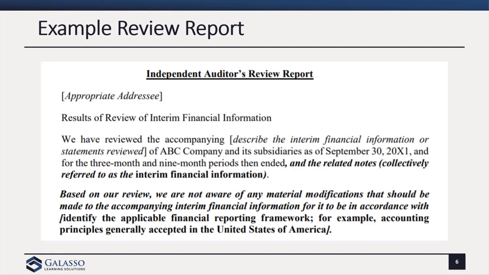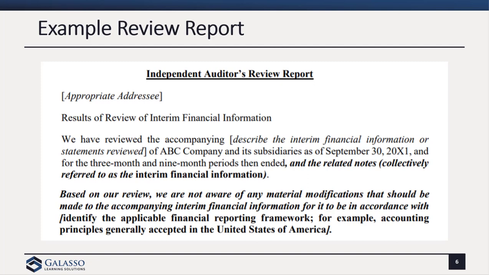You'll notice in the opening paragraph, we still have to describe the who, the what, and the when: who's being audited, what periods are being audited, and which financial statements are being audited. So that is going to stay the same here. But you'll notice the addition of the related notes element, where we're focusing on the fact that it's not just the financial statements, but the notes are part of the interim financial information.